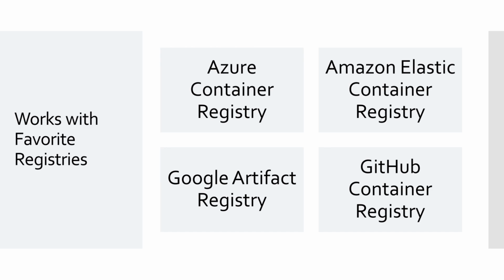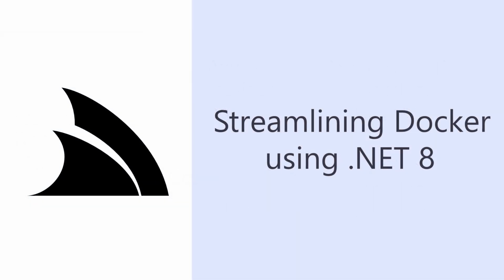NET 8 simplifies the Docker experience, paving the way for a more straightforward approach to software containerization, and our ServiceStack templates have been updated to take advantage of this. If this improved .NET tooling doesn't have all the flexibility you need, you can always start with a custom base image that has any resources that you might need specific to your application.